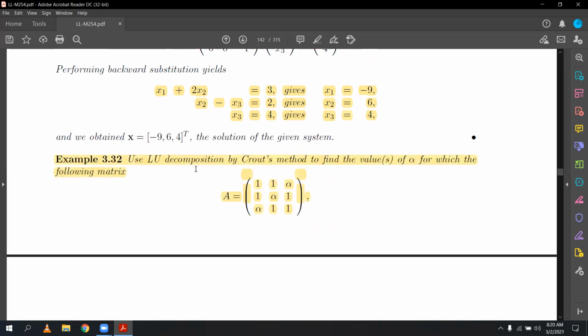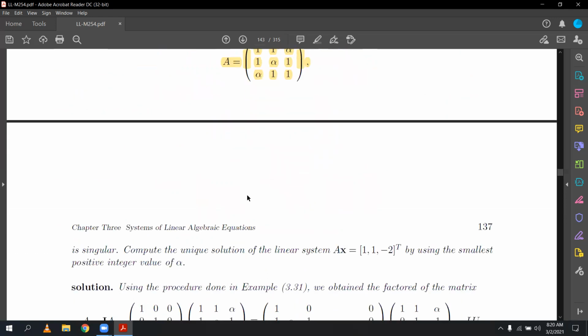It says use LU decomposition by the Crout method to find the value of alpha for which the following matrix is singular. What does that mean? Singular means the determinant of A is equal to 0.